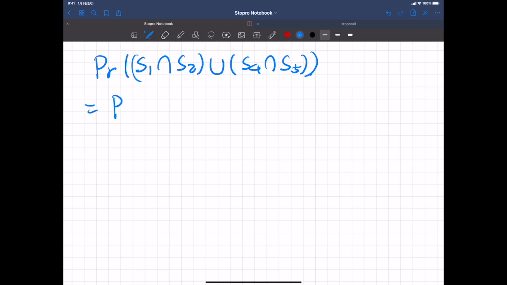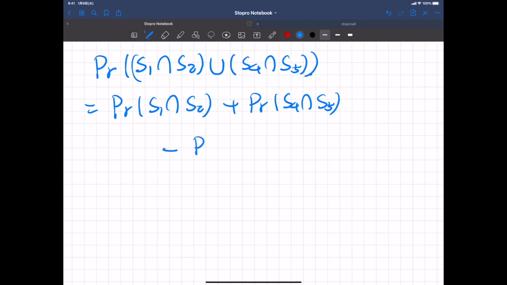So that should be probability of S1 and S2 plus S4 and S5 minus probability of S1 and S2 and S4 and S5.